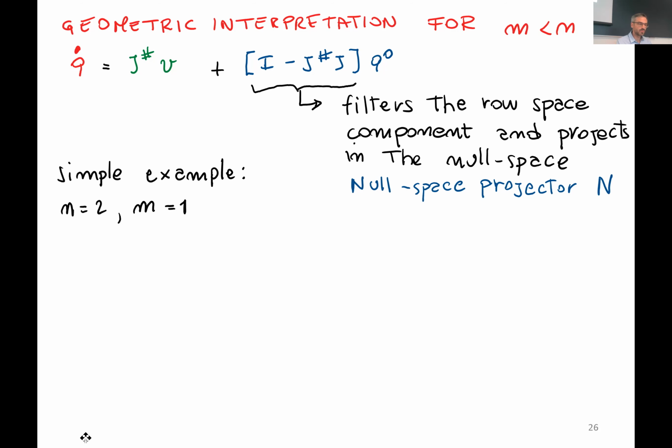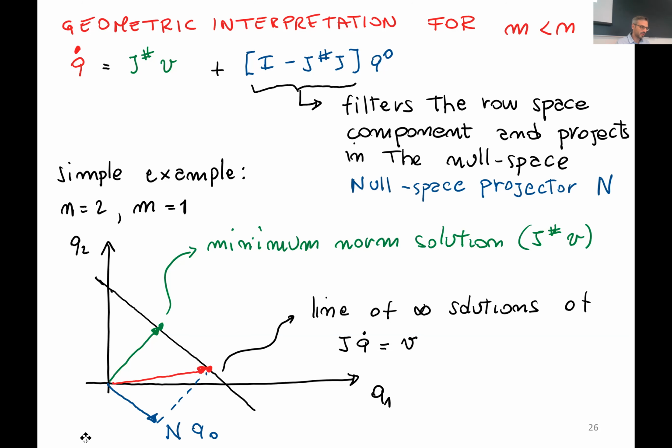If we do a simple example to visualize this, a robot with two joints, Q1 and Q2 joint configuration space, and one task variable, we can see that of the solution that we get, the red one, we have the green one that represents the minimum norm solution, plus the null space component that is orthogonal to the range space component.